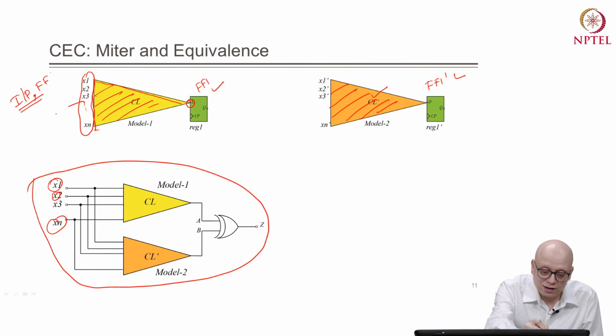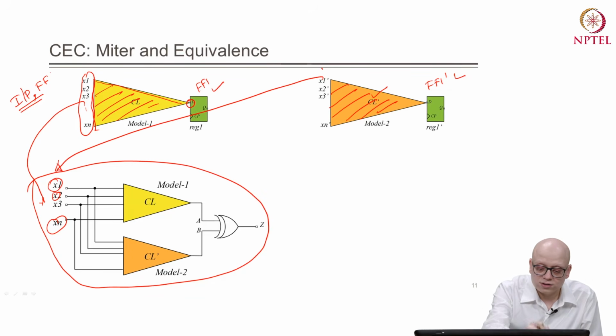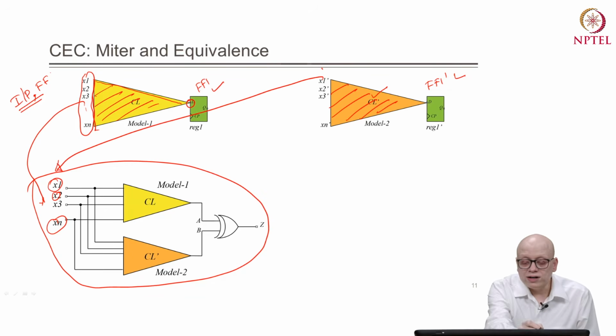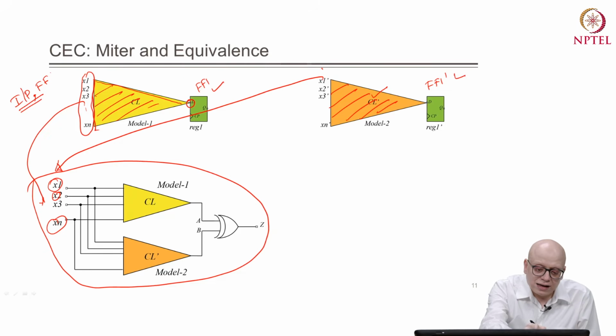Corresponding to those input ports and flip flops, we create inputs in the miter and connect these inputs to the combinational logic. This is the first combinational logic cone and this is the second one.